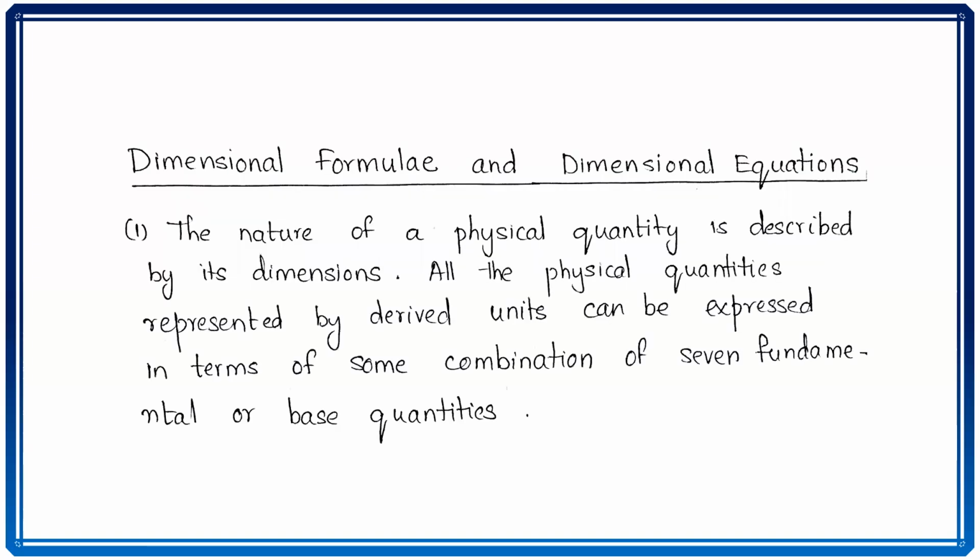As we have seen, so many quantities are there in physics. The nature of a physical quantity is described by its dimensions. All the physical quantities represented by derived units can be expressed in terms of some combination of the seven fundamental or base quantities.